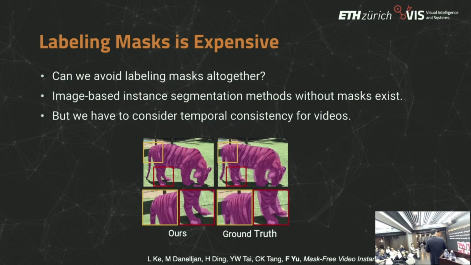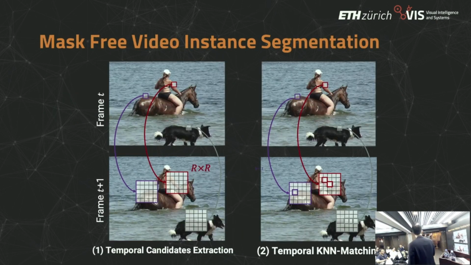At the same time, this can also be a very good opportunity, because we can use temporal consistency as supervision to train the model. Even though we do not have labeling on the video, the temporal consistency itself is a good supervision signal. And here is how we can utilize it.